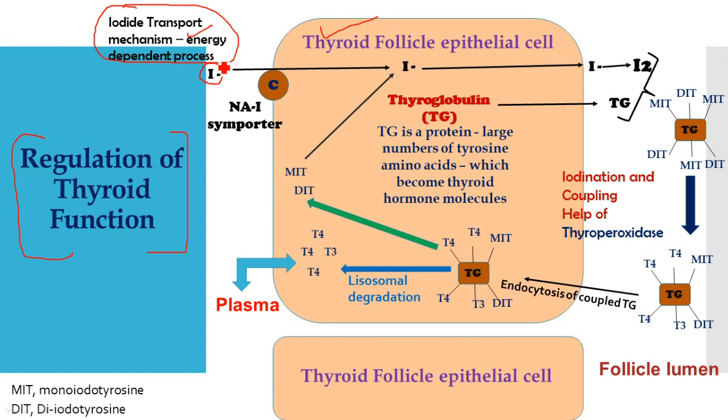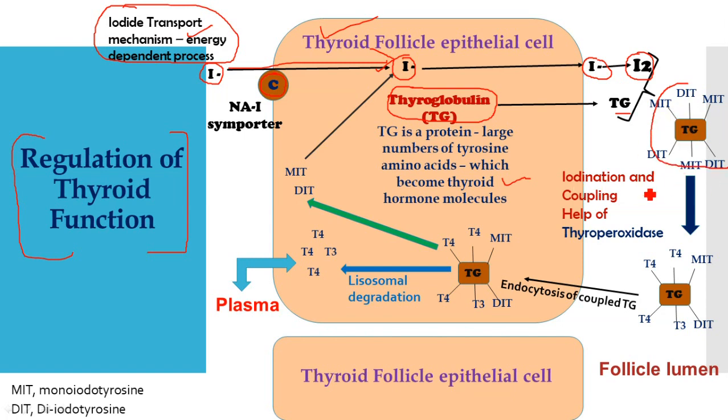With the help of the sodium iodide symporter, the iodine enters the thyroid follicle epithelial cell, and then when it enters the follicle lumen, it is converted into iodine. The thyroglobulin protein is already present, with a large number of tyrosine amino acids, which become thyroid hormone molecules after complex formation. So this iodine and thyroglobulin, Tg, combine to form a complex.